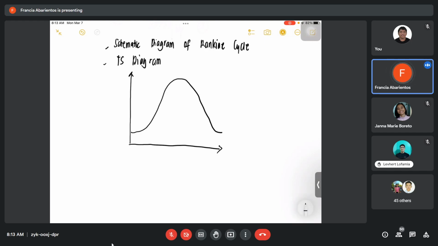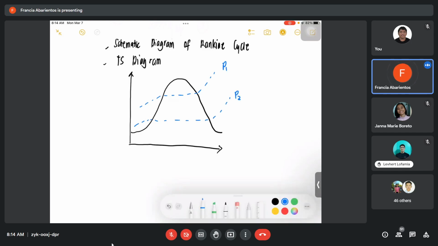We have the pressure at point 1. This is the pressure line. This is also the pressure at point 2.